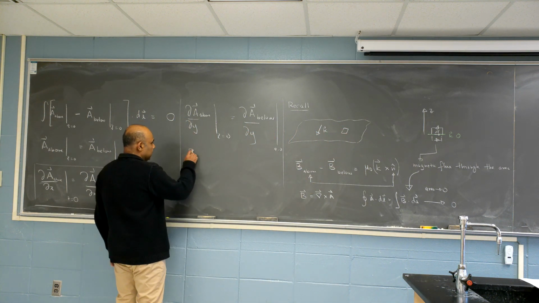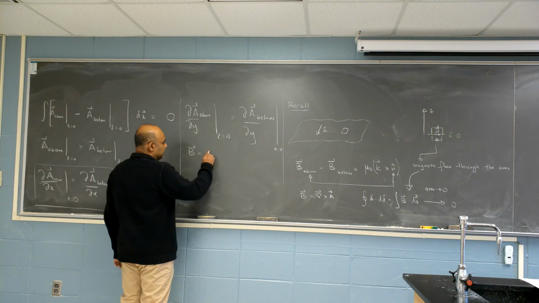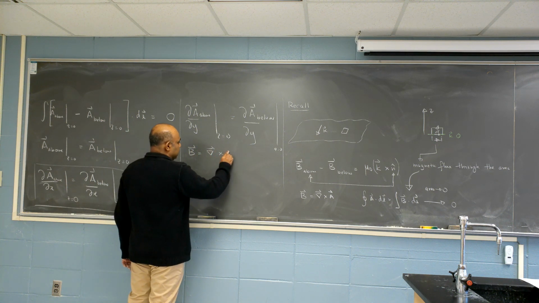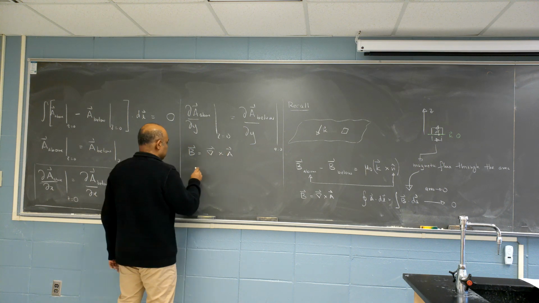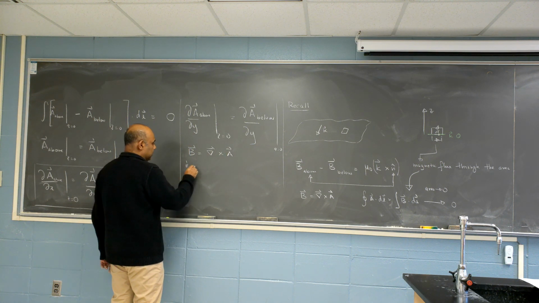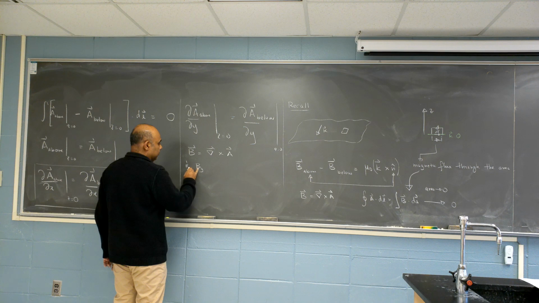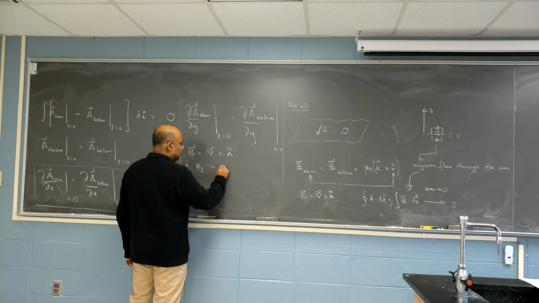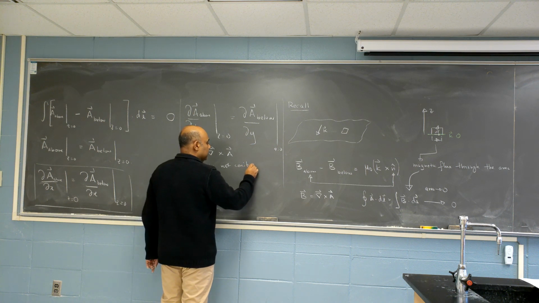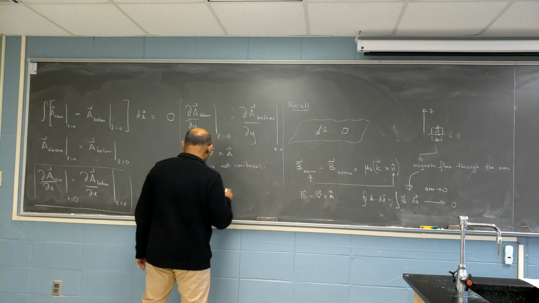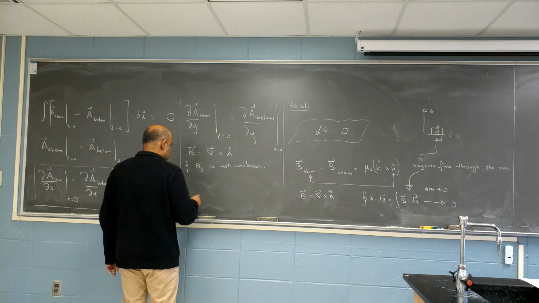So let's look at By. See, B equals del cross A, and By is not continuous. What is By?